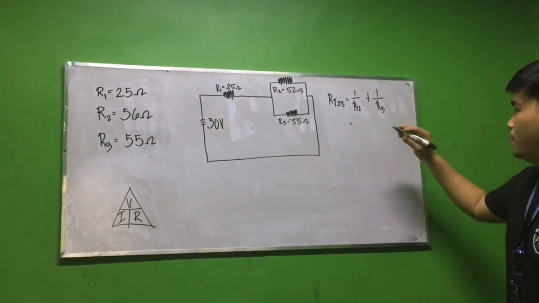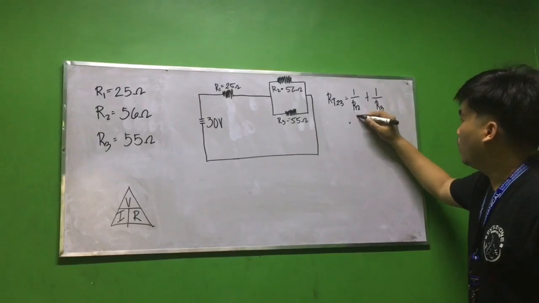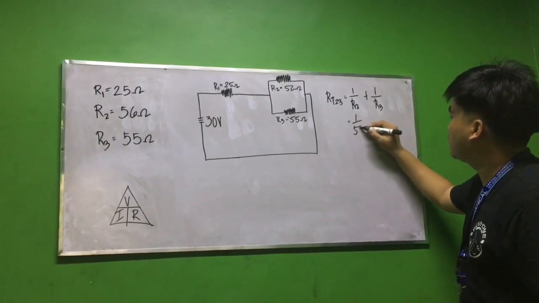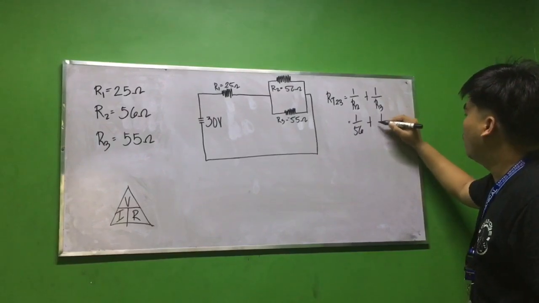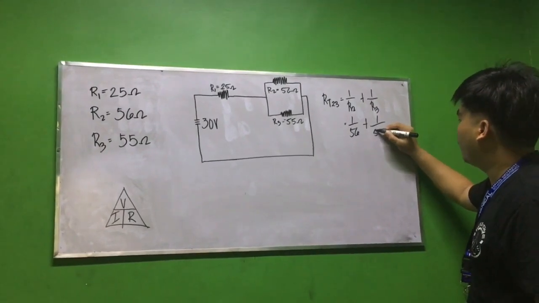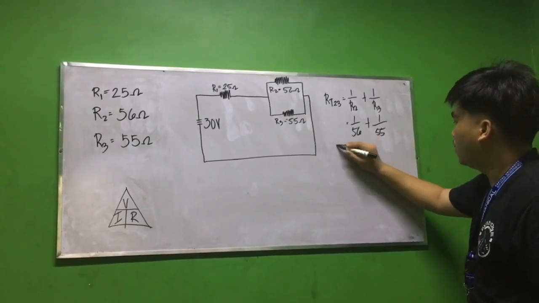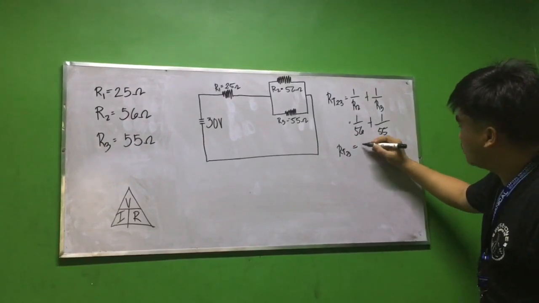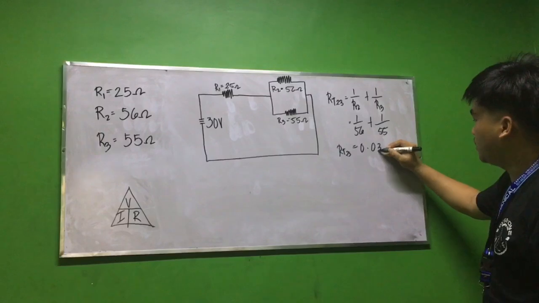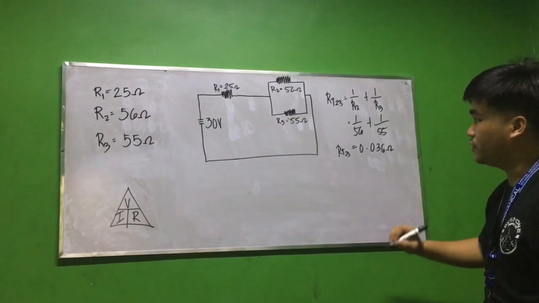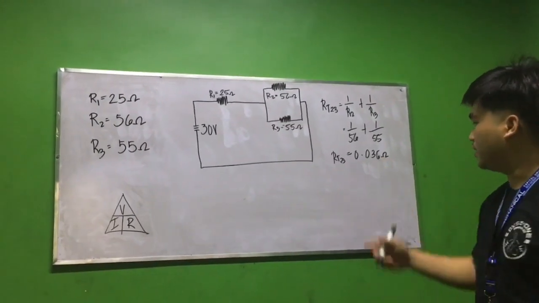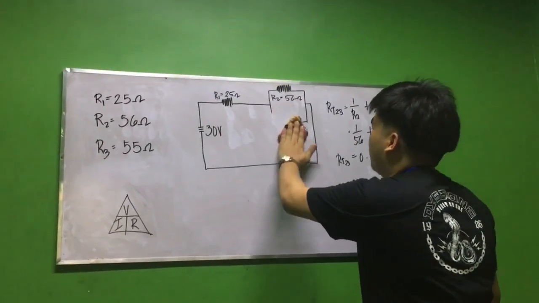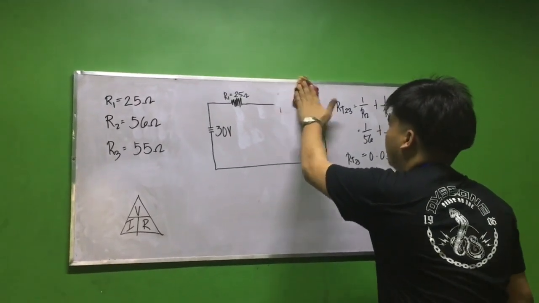We have 1 over 56 ohms plus 1 over 55 ohms. So the total resistance of 2 and 3 is 0.036 ohms. Next we have to change this diagram to a series circuit.